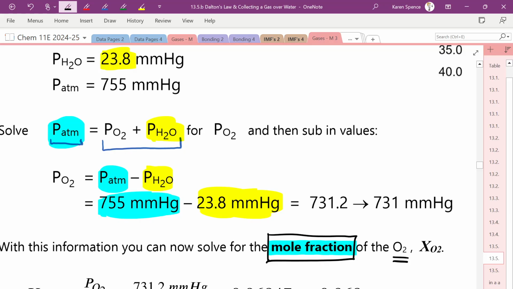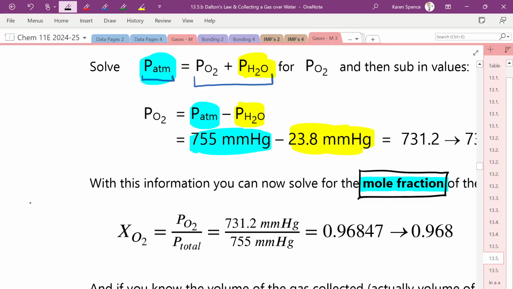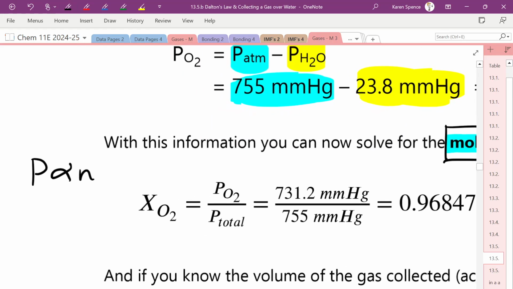Because pressure is proportional to moles, if we take the pressure of O2 over the total pressure, it'll be the same as the moles of O2 over the moles of O2 plus H2O.